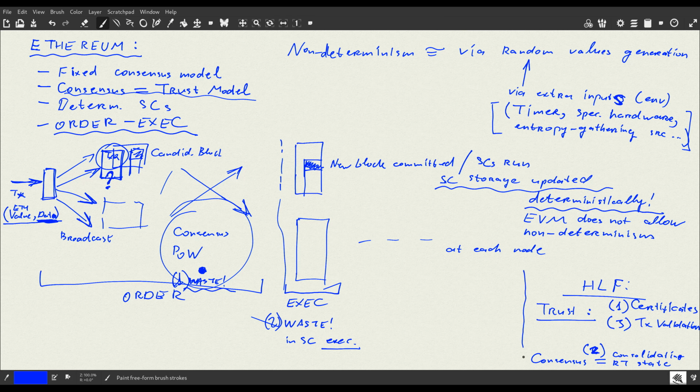By the way, I'm describing this in, I would say, layman's words. Ideally, what we would like to do is to provide a formal model which would formalize the notion of trust and consensus in Hyperledger and prove that certain properties hold in that case.